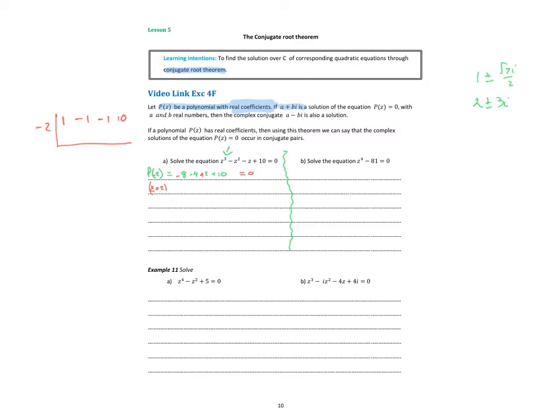All you do is bring the first term down, which is 1. Negative 2 times 1 is negative 2. Add them together. Negative 1 plus negative 2 is negative 3. Negative 2 times negative 3 is 6. Add them together is 5. Negative 2 times 5 is negative 10. Add them together is 0.